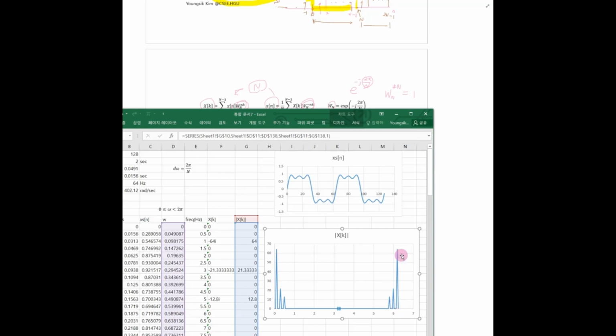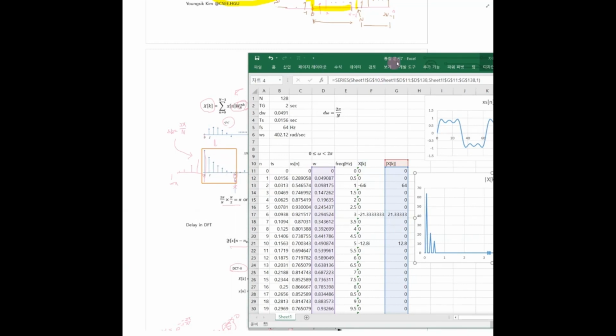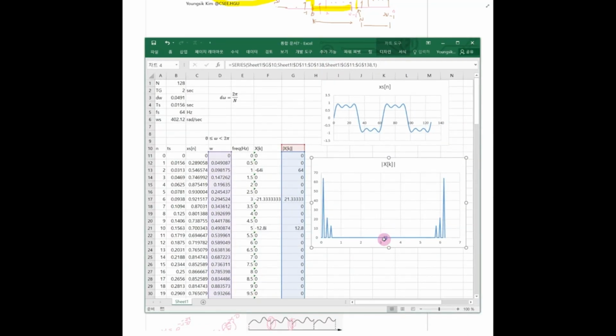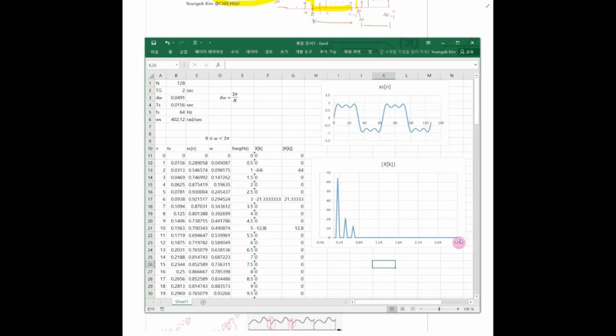So this part corresponds to this area, and this part equals this part. The Nyquist frequency is around here, so we only need to plot up to pi. So I need to reduce that up to here. So this is the Nyquist frequency.